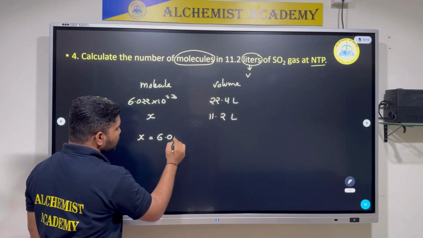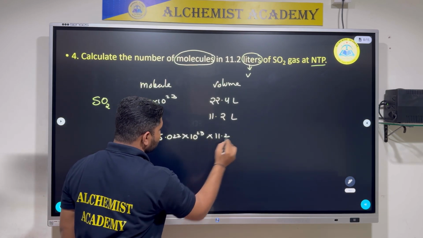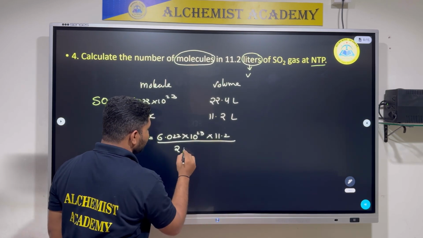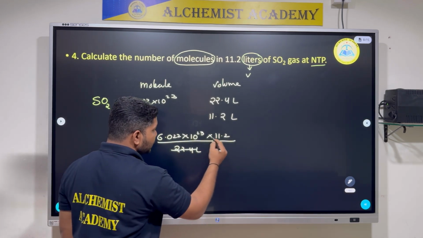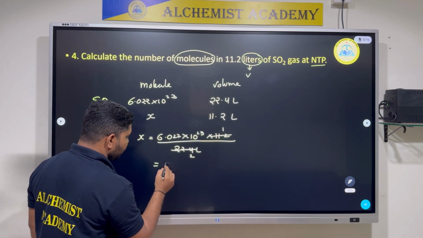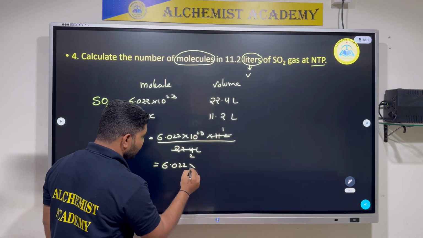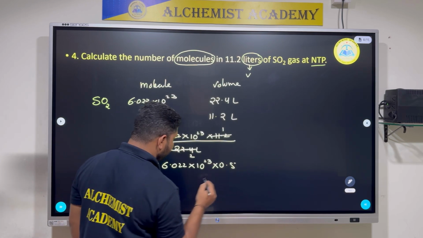This will be 6.022 into 10 raised to 23 multiplied by 11.2 liters divided by 22.4 liters. Correct? Now if you cancel this, this 1, this 2, which is nothing but 1 by 2, and you are going to get 6.022 into 10 raised to 23 multiplied by 0.5.